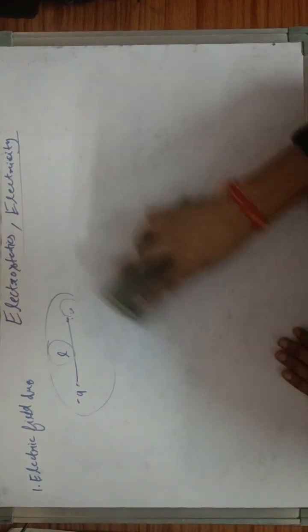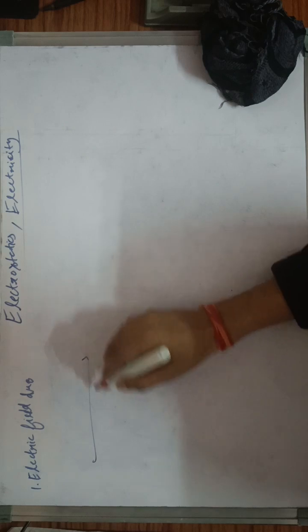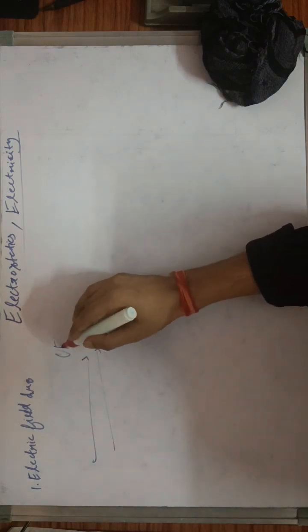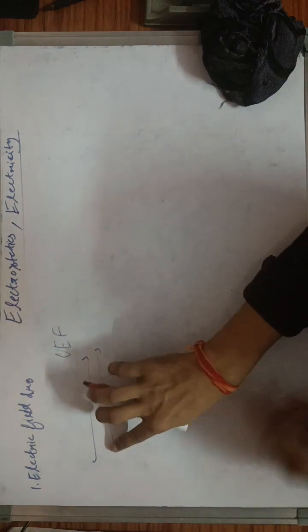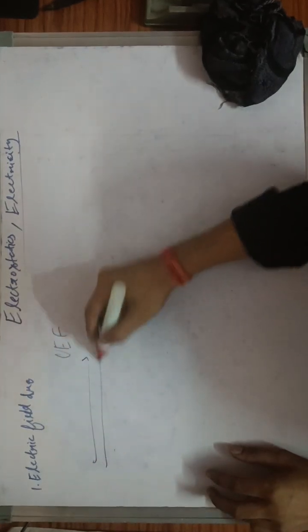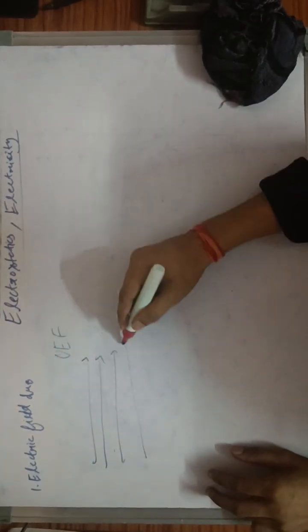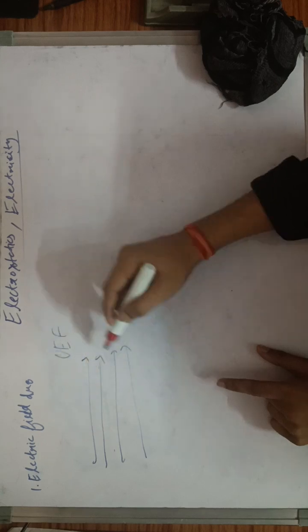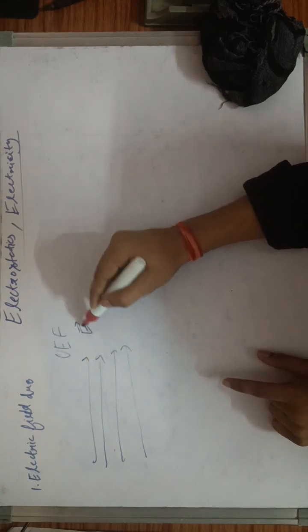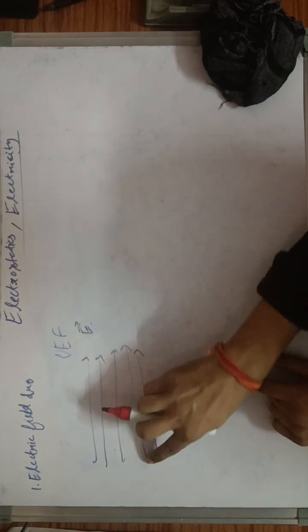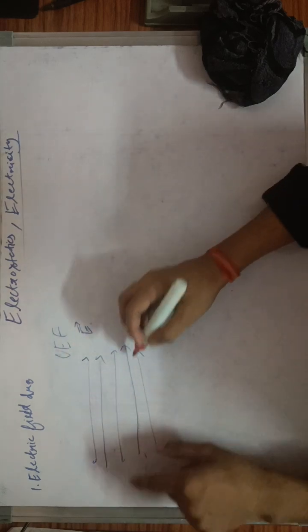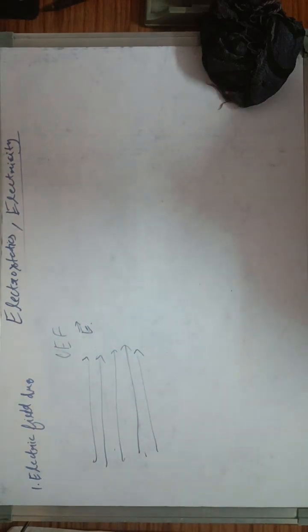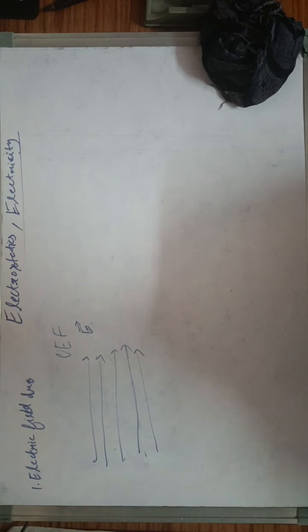Now the next thing is, let's say there is an electric field, a uniform electric field. Uniform electric field means the field lines are parallel and the strength of the electric field is the same everywhere, that is E. Everywhere the electric field is E, and there is an electric dipole placed in this medium here.